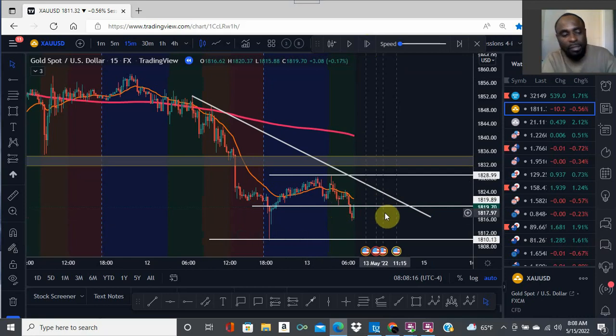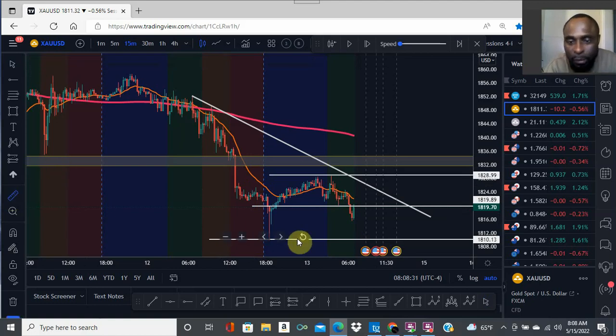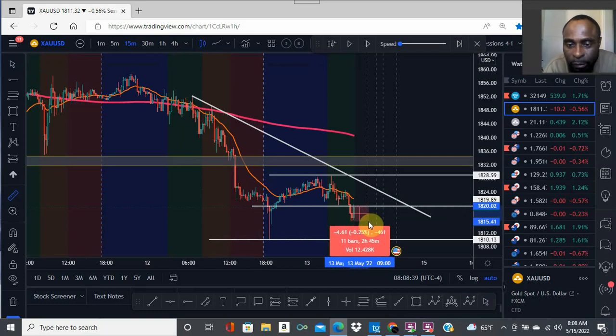So that's why I was saying you can take off partial profit, because you'll be up. Let's see how many pips that was from this area. You would have been up like 40 something pips.